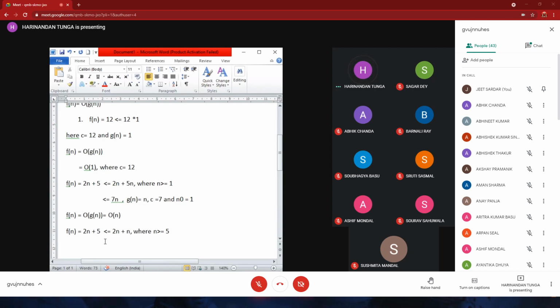Now what is the next step? The next step is less than equal to cn, where c equal to 3 and gn equal to n.